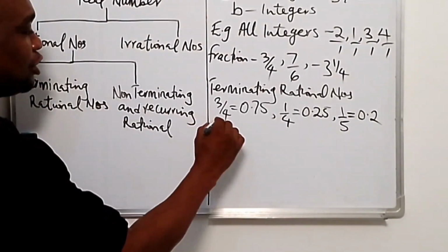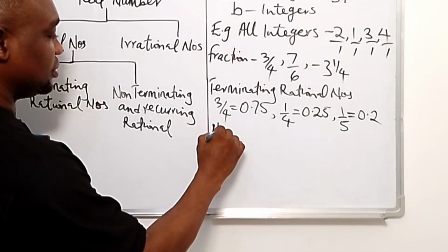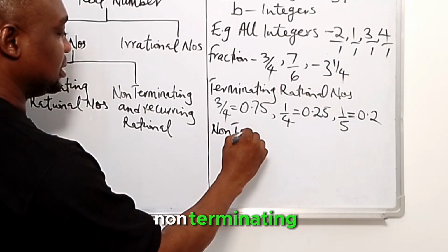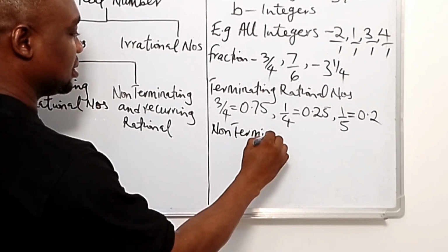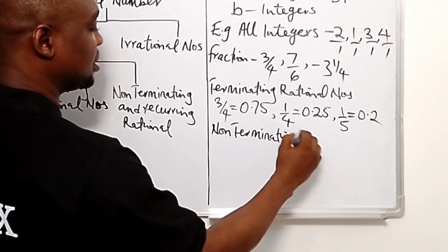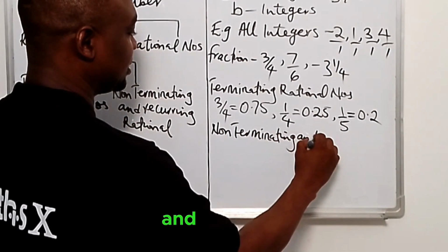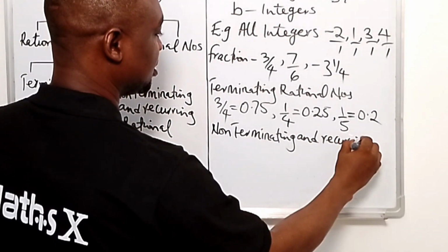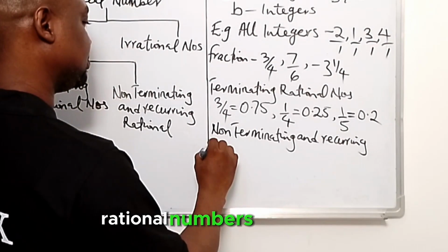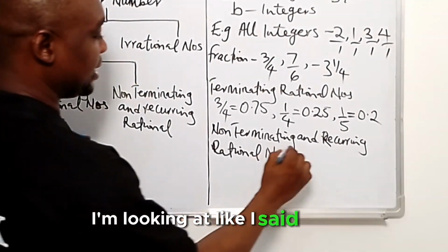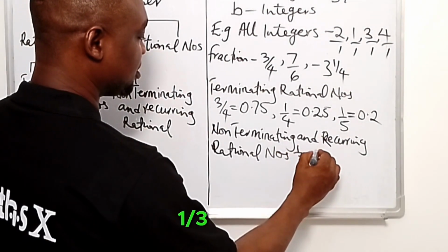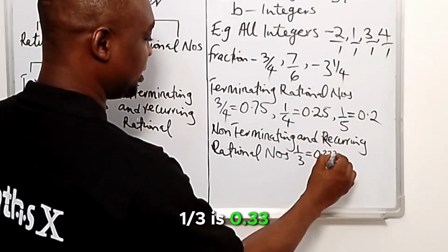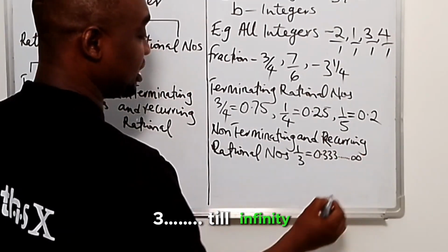So for numbers that are non-terminating and recurring rational numbers, I'm looking at, like I said earlier, numbers like 1 over 3. 1 over 3 is 0.333 dot dot dot till infinity.